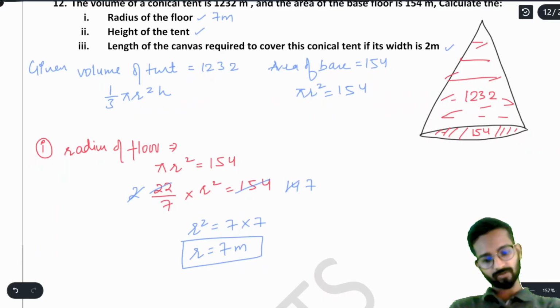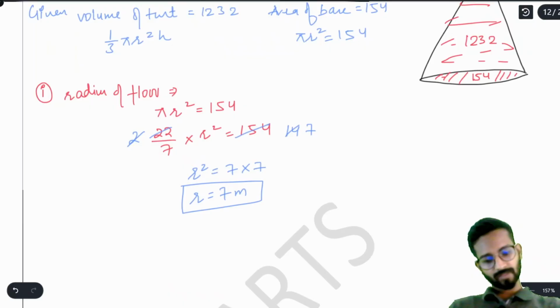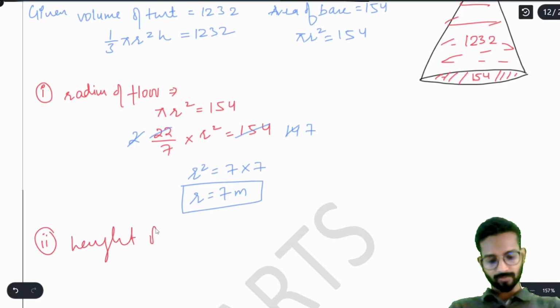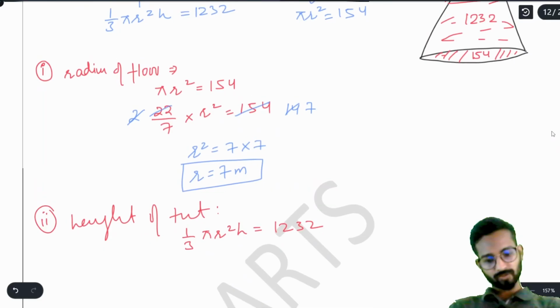See, how will we find the height of the tent? We already know 1 by 3 pi r square h is the volume of the tent, that is equal to 1232. Now understand, pi r square is already given as 154.